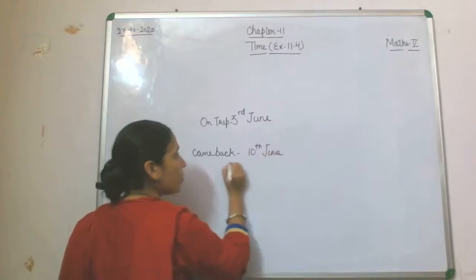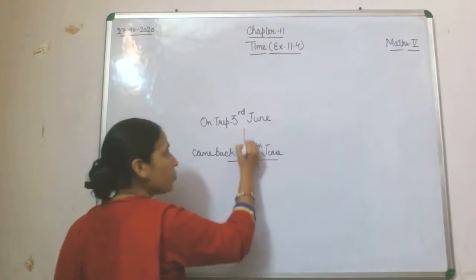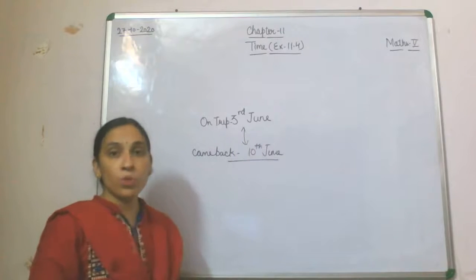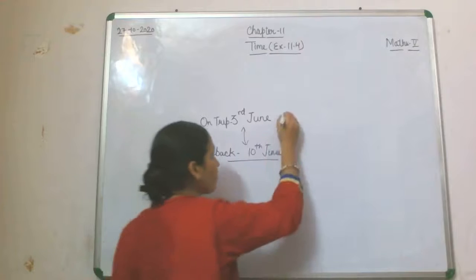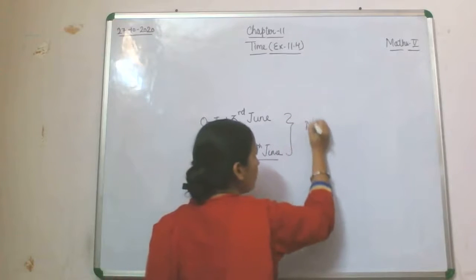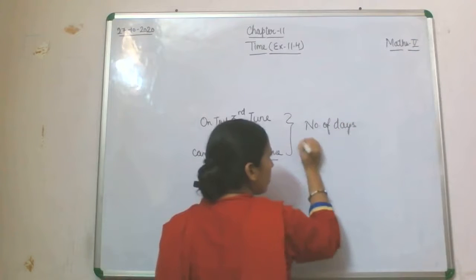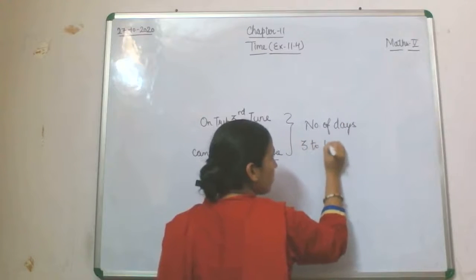Now the question is, what is the duration of this trip? Here you are supposed to find the number of days from 3rd June to 10th June.